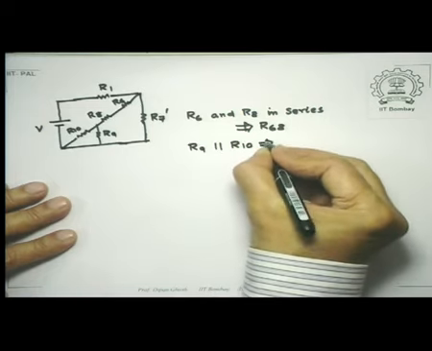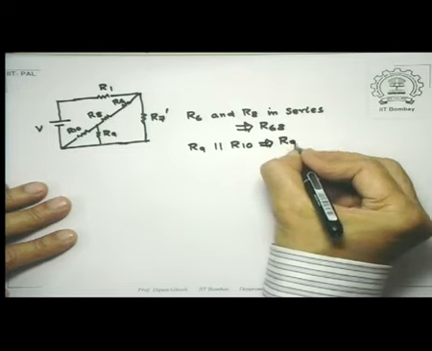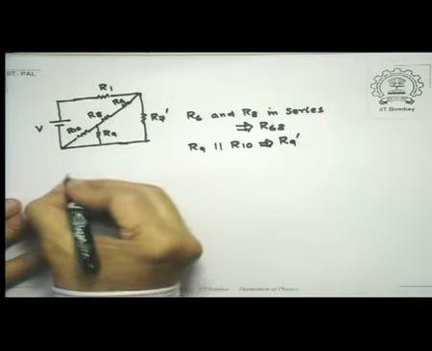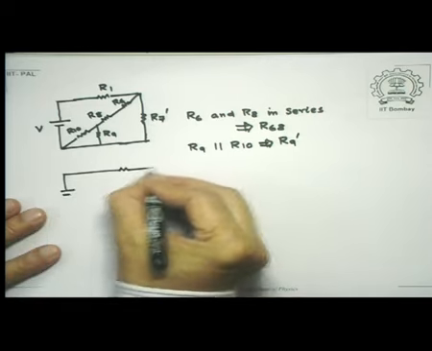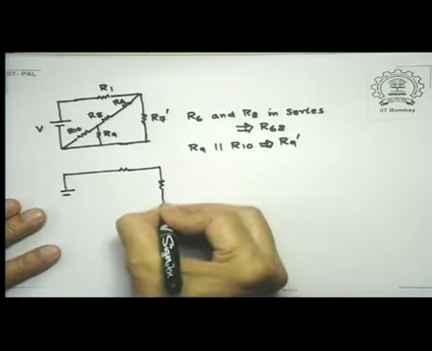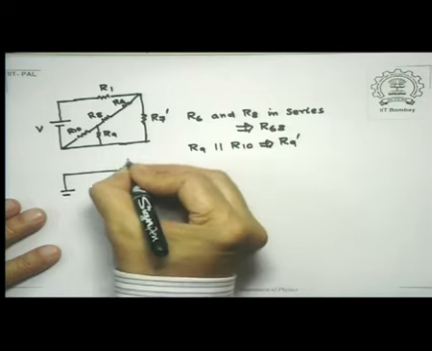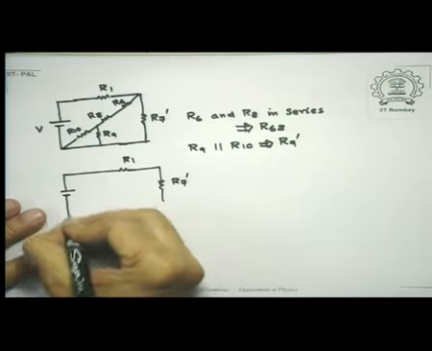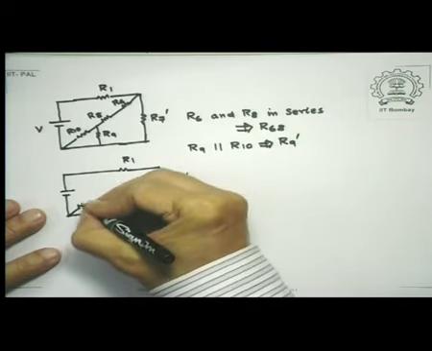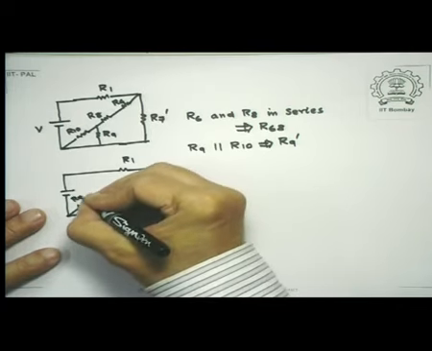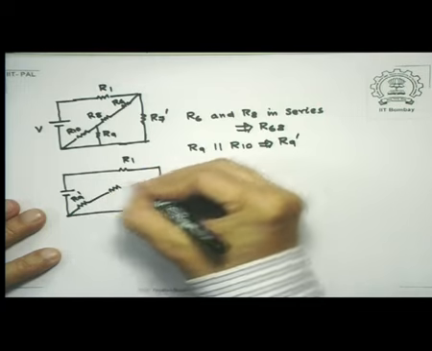This we'll call R9 prime. So my circuit at this stage looks like this. This was R7 prime, this was R1, this is R9 prime, and this is R68.